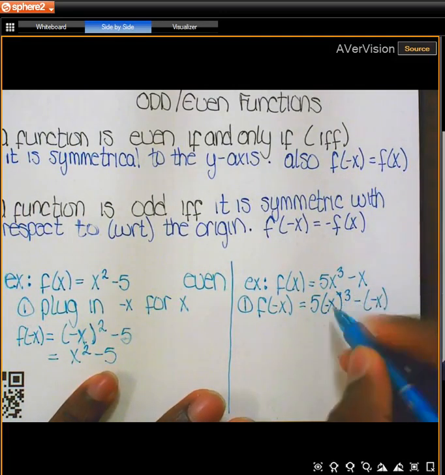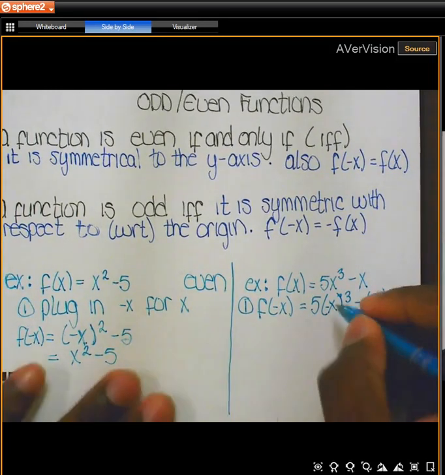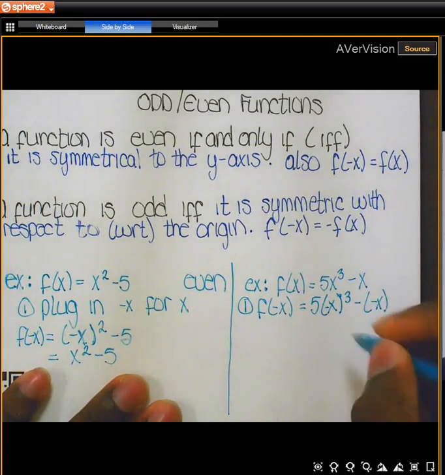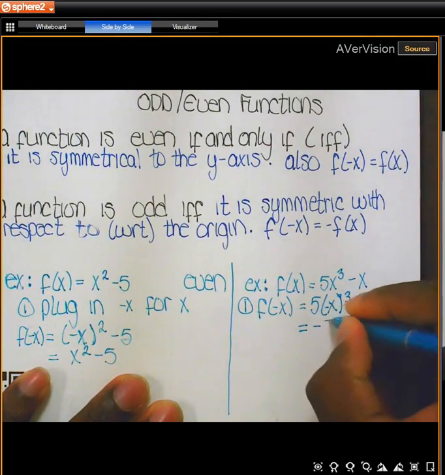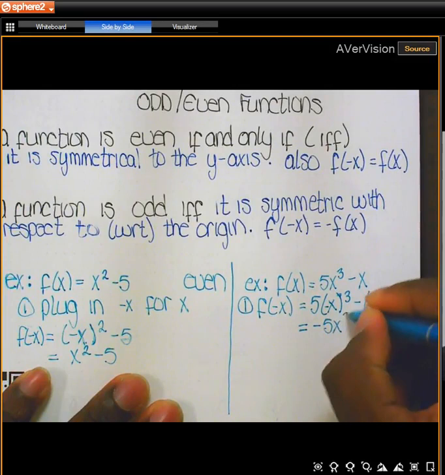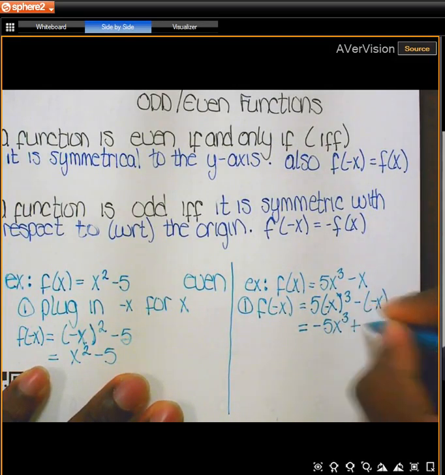What about, what is negative x cubed? It stays negative because the odd exponent makes it negative. And over here we have negative 1 times negative x, that becomes positive x.